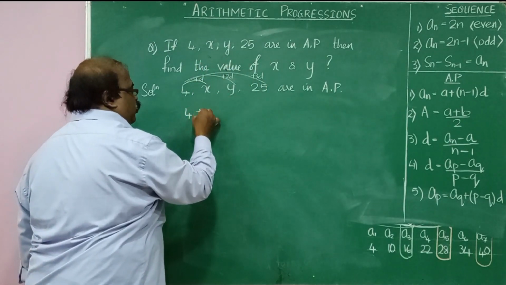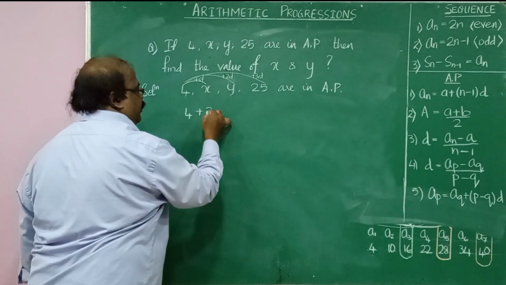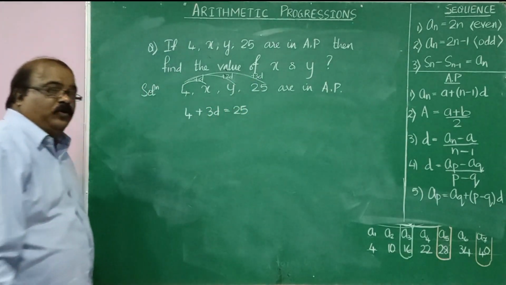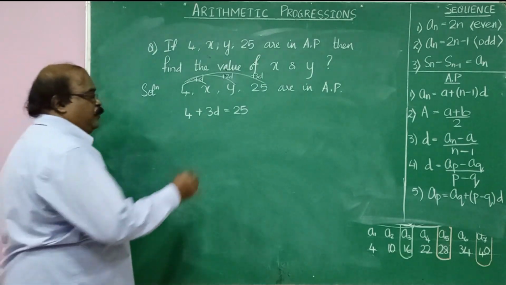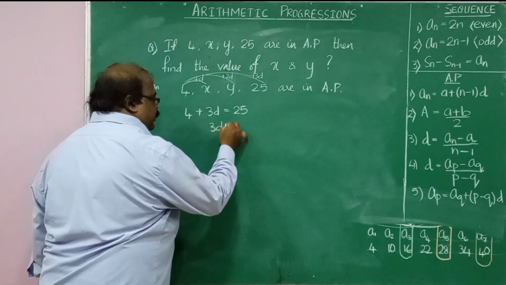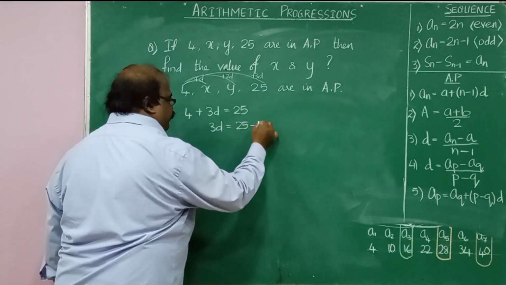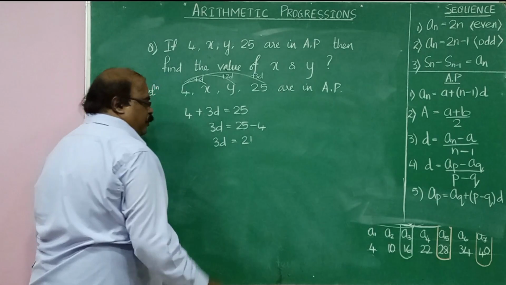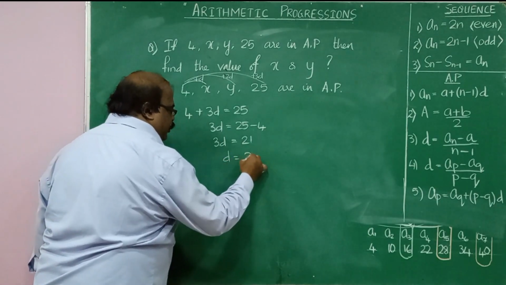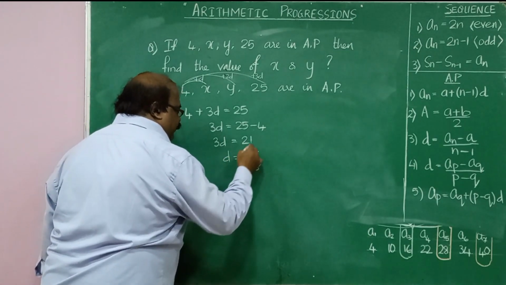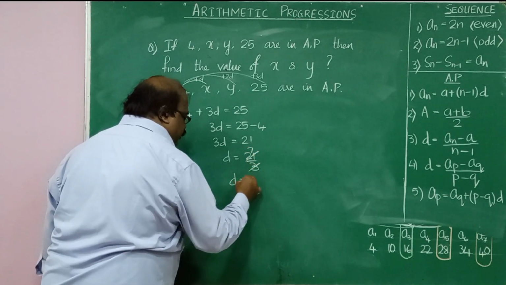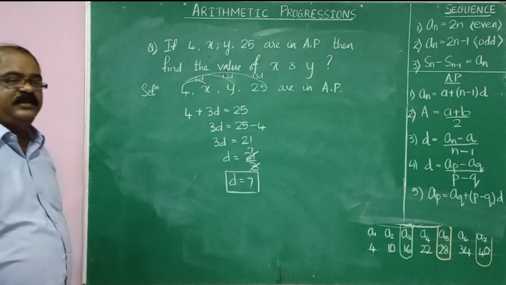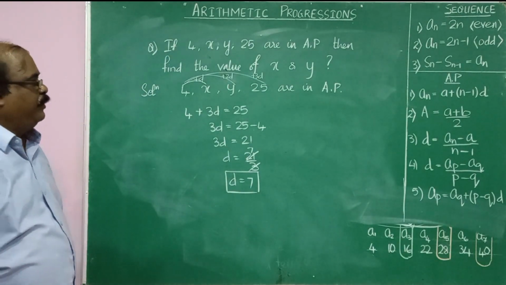So my first equation: 4 plus 3d is equal to 25. So 3d is equal to 25 minus 4, so 3d is equal to 21. So d is 21 upon 3, 3 sevens are 21. I have come to the conclusion that the common difference is 7.